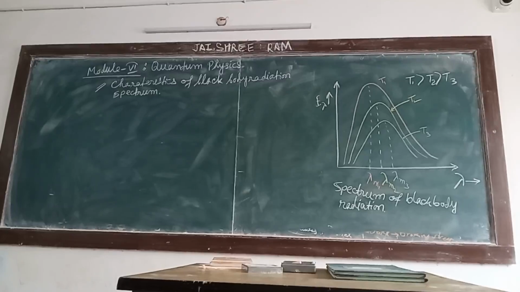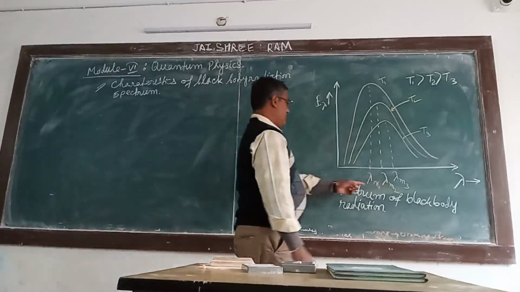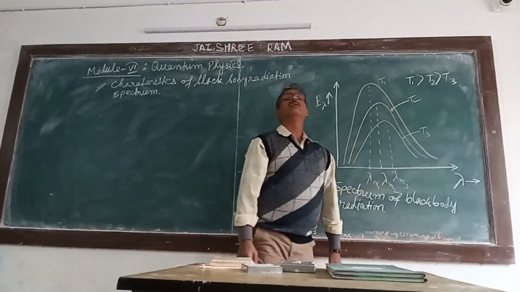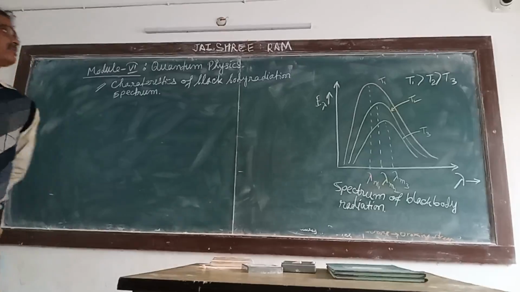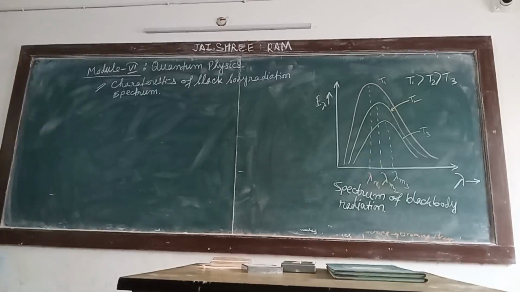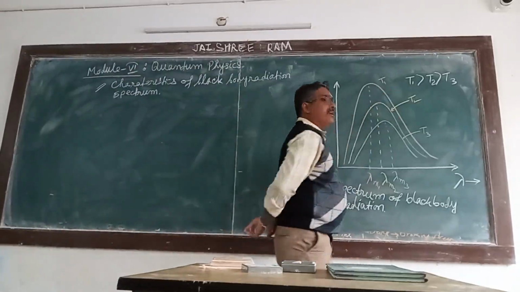Number 2. The wavelength corresponding to the maximum intensity decreases as the temperature of the black body increases.